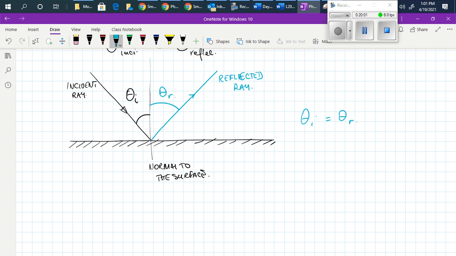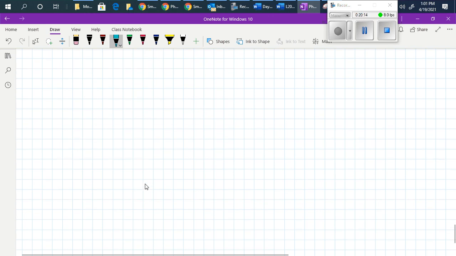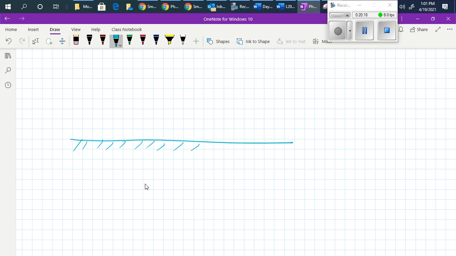Now, what you have to keep in mind is that if the angle with the surface is given, that is not the incident angle. So if we have a situation that we have a surface like this and the incident ray is like this, and I'm telling you that this angle here is 25 degrees.